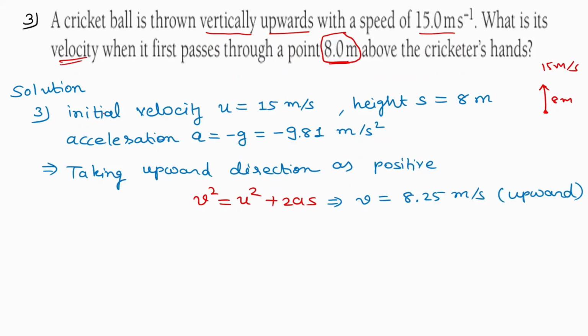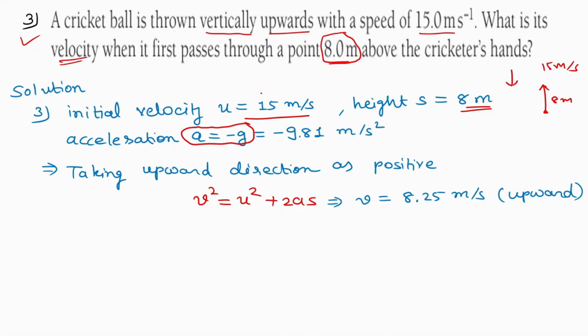Now the solution: we have the initial velocity given in the question as 15 meter per second. Height 8 meter. Now they didn't mention the acceleration over here. So this whole process comes under gravity. So we need to consider gravity, which is towards the earth, means vertically downward.